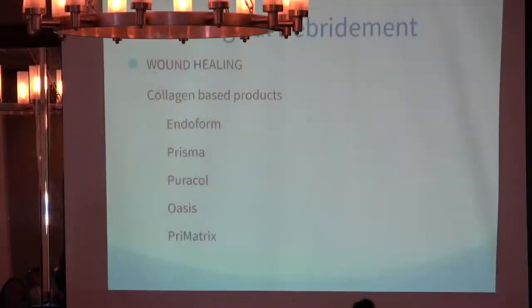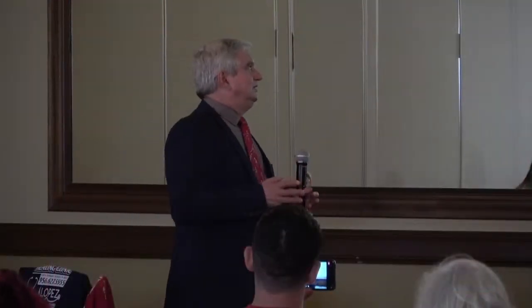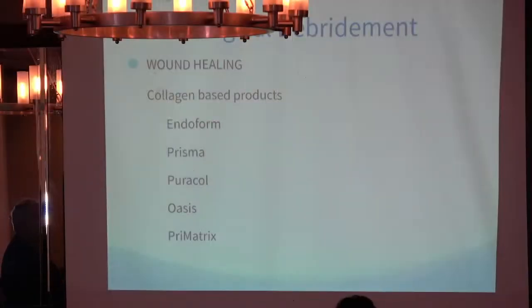Well, so we have a wound that is not improving. It's healthy, but the size is the same. So now we'll try to improve the formation of granulation tissue. We can start dealing with some products that are based on collagen and the formation of collagen. These are some of the products we have available in the market: Endoform, Puraply, Oasis, PriMatrix.